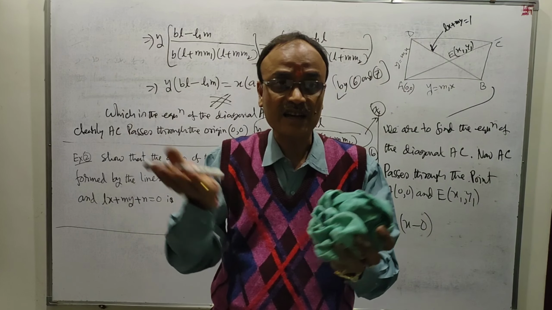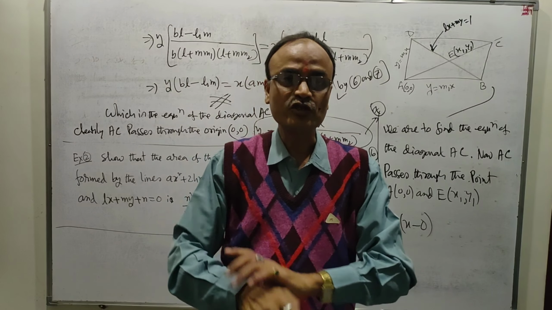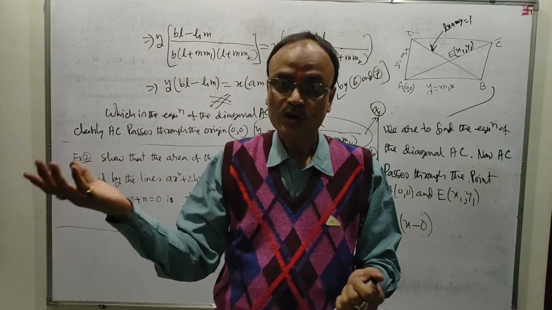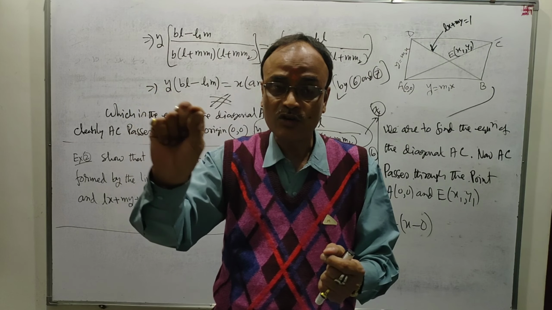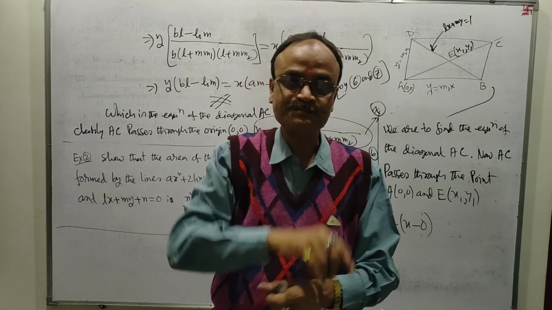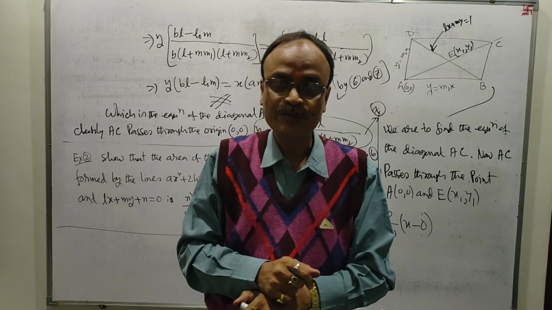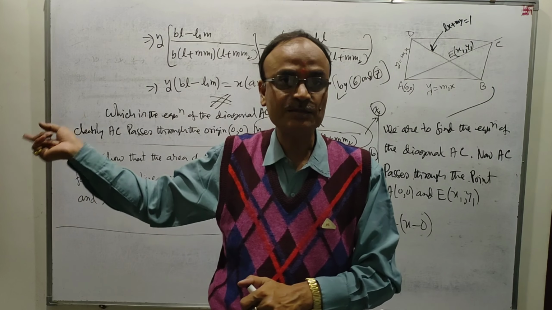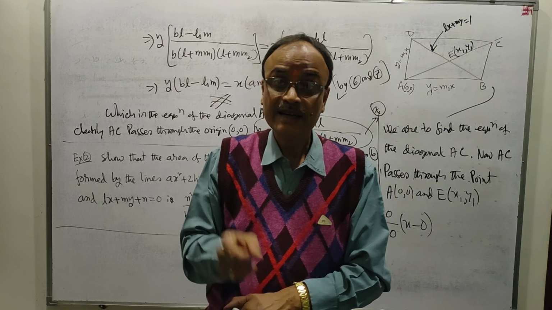We are given that the two straight lines represented by the homogeneous equation of second degree are two adjacent sides of a parallelogram. We have supposed that the two adjacent sides are AB and AD. Therefore, the coordinates of A is 0, 0. We are also given that LX plus MY equal to 1 is one of the two diagonals.